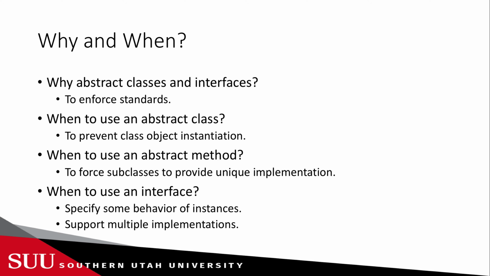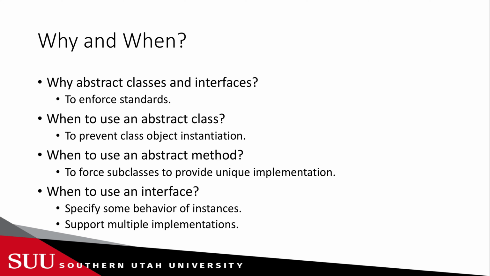If we want to prevent class object instantiation, we will create an abstract class. And one of the advantages of an abstract class that cannot be achieved with interfaces is that you can have abstract methods and also fully implemented methods for the classes that are going to extend your abstract class.